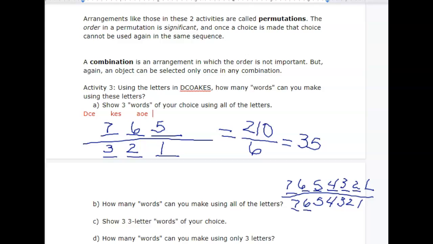So no matter what, if you look at this, there's really only one DC Oaks that you can make. So your 3-letter words of your choice, and how many words can you make using only 3 letters? That's really what we're looking at here. That's what's answering it.